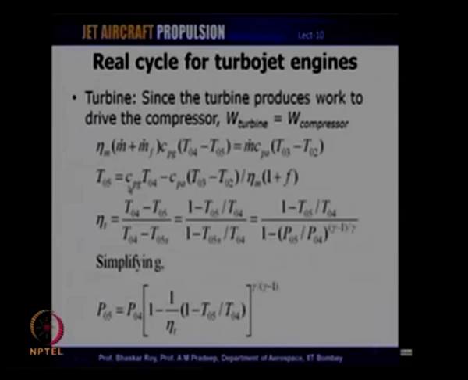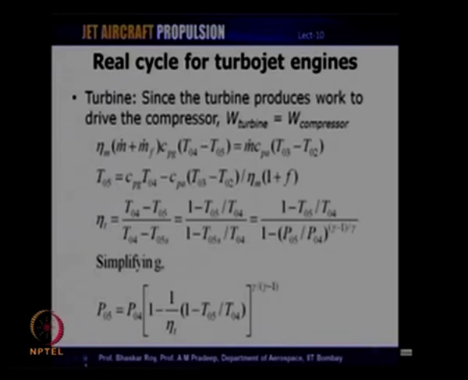So, T05 is equal to T04 minus Cpa into (T03 minus T02) divided by mechanical efficiency multiplied by (1 plus F) into Cpg, where F is equal to m dot F divided by m dot A or m dot. So, this will help us in finding out the stagnation temperature at the turbine exit.